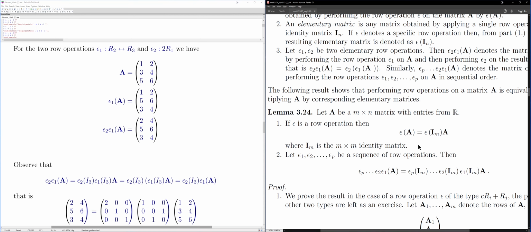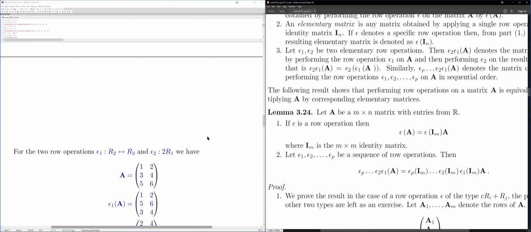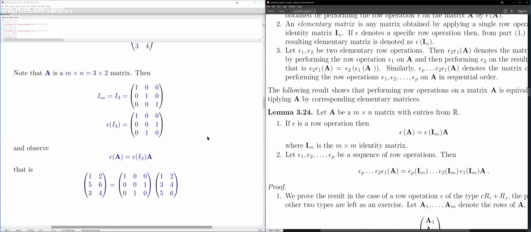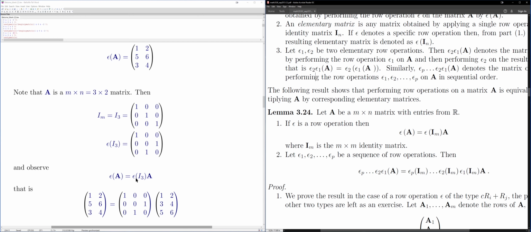Alright, so what did we just see? What we saw is if I have a matrix A over here and I want to do a certain row operation on it, I can do the row operation first on an identity matrix.